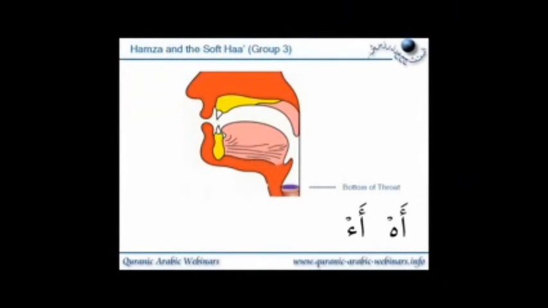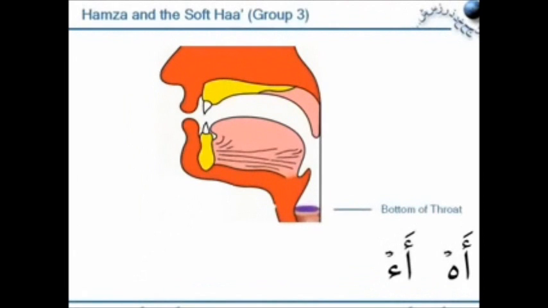Group 3 then is the throat, but the very lowest point of your throat. And these two are a bit difficult to pronounce with the sukoon. So we have what we call the soft ha and the hamza. The soft ha will be pronounced as ah. So you have to try and bring the ha from the bottom of your throat.